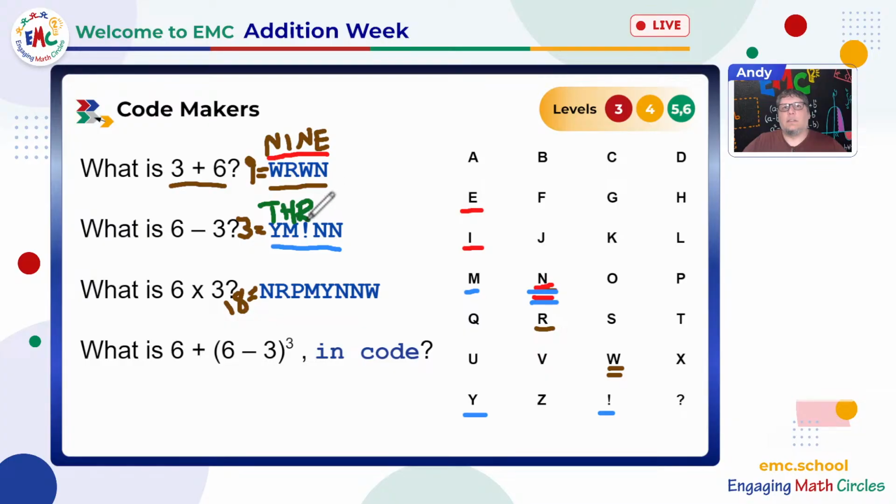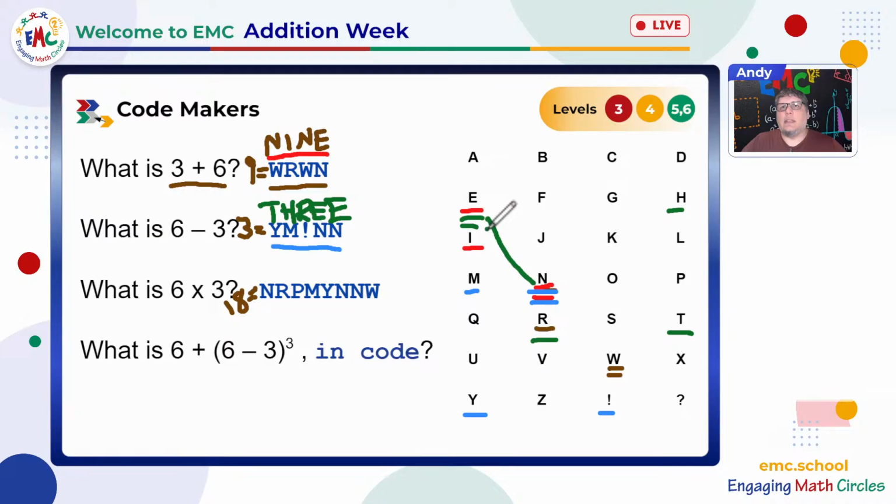T-H-R-E-E. So that's going to be T-H-R-E-E. It looks like every time I've underlined N twice, I ended up underlining E twice.